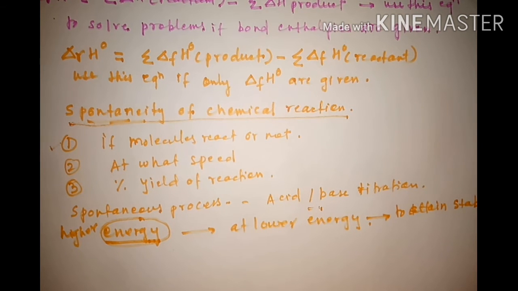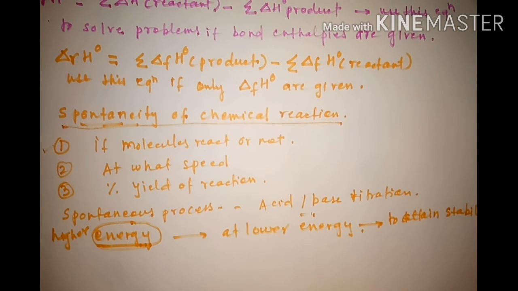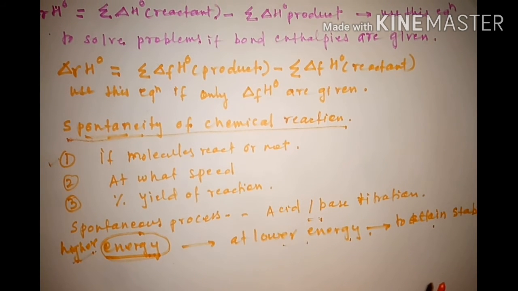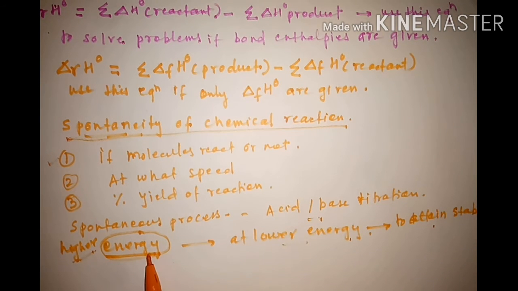Otherwise, if the product is formed but is not stable at room temperature, it is of no use. Whenever the reactant is at a higher energy level, it should reach a lower energy level to attain stability. This occurs in nature also. So the reaction is spontaneous when it starts at higher energy and reaches a low energy level.